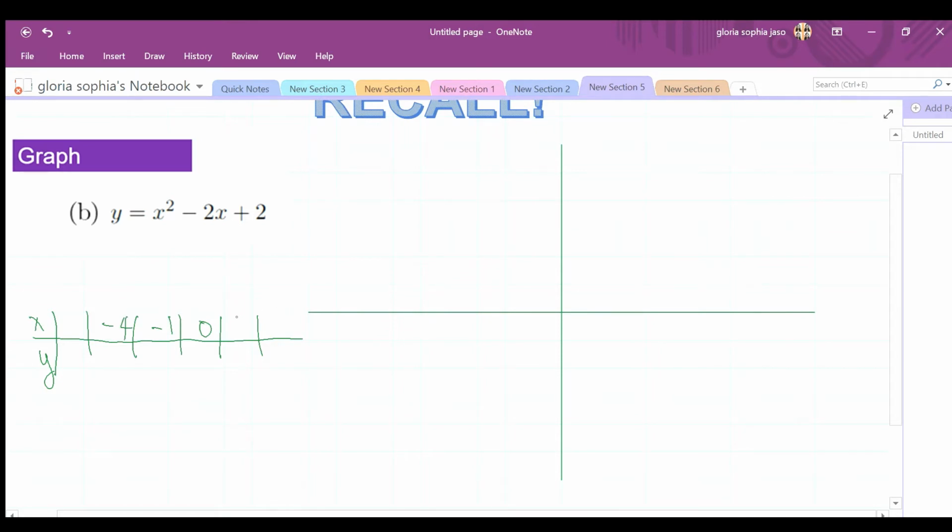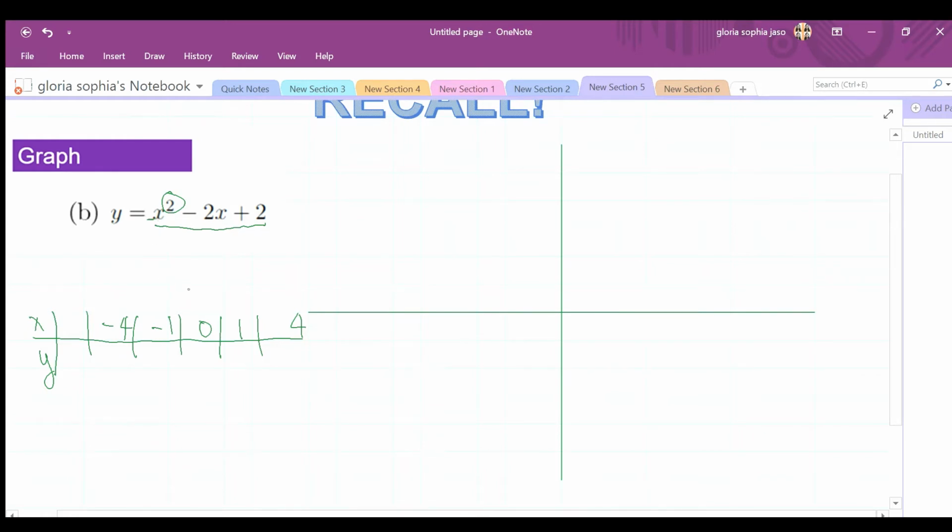Ayan, pwedeng 1, tapos 4. So, dito class, you can choose any arbitrary values kung ano yung gusto mo na value. Okay? So, we know that our graph is a parabola. Kasi second degree siya, class. And opening upward siya because positive yung coefficient niya dito.